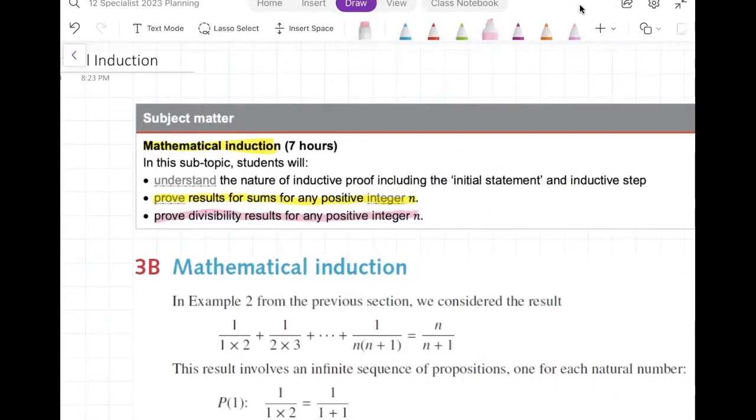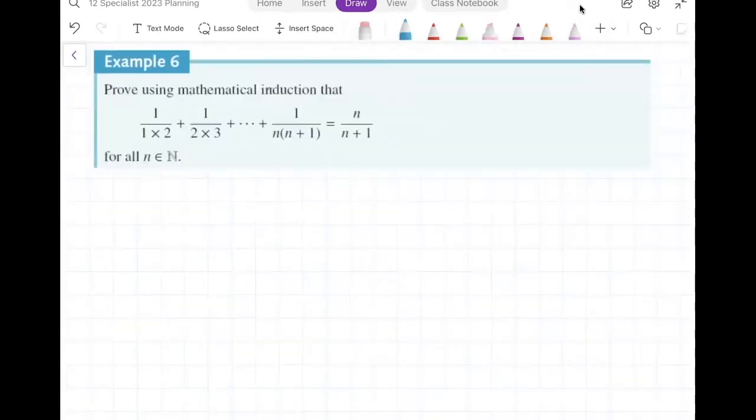I'll make a second video for just full or normal sums, and then I'll make a third video for divisibility. Partial sums and sums kind of come under the same sort of bubble. So example 6, I have to prove using mathematical induction that, and I'm given what we call a partial sum. The reason it's called a partial sum is because it's not written with our sigma notation, which might have something like n equals 1 to infinity written on my summation.